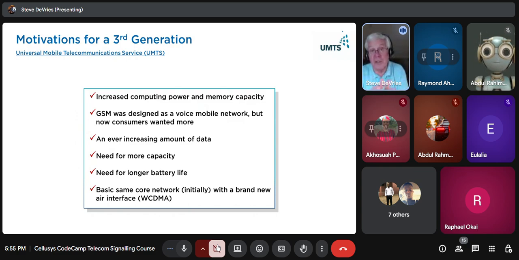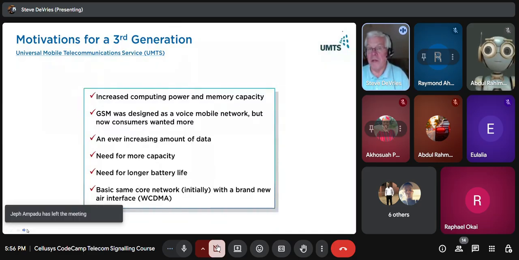So this was the point where they renamed everything. They said, okay, now this is going to be the third generation. We're into a new decade, a new century, a new millennium, and we're going to call ourselves 3G. So it maintained the same basic network, except the air interface became wideband CDMA.